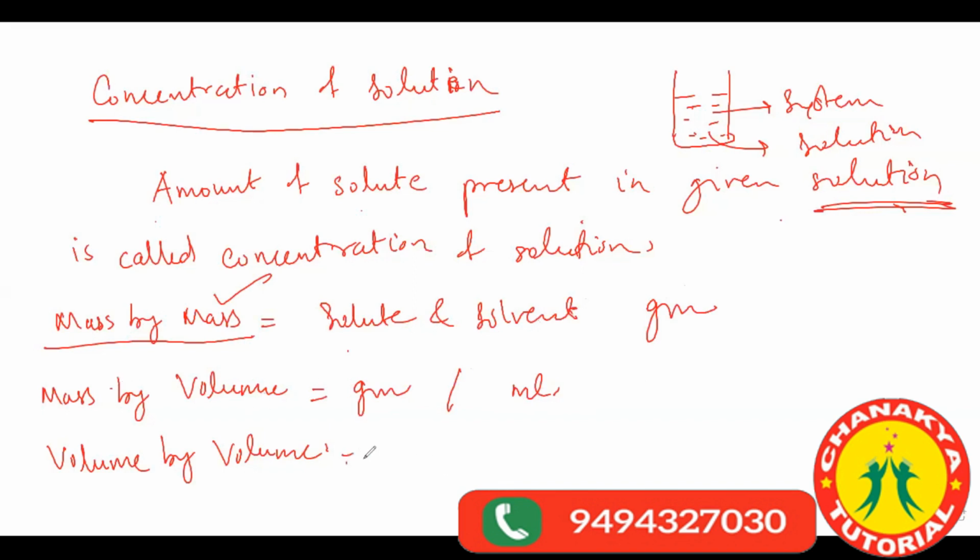And if both are in liquid state and both volumes are given in ml, that time you can use the volume by volume formula. So there is a certain formula which you have to follow. Just the basic information I gave you. So I'll let you know which formula you're supposed to follow for the calculation of concentration.